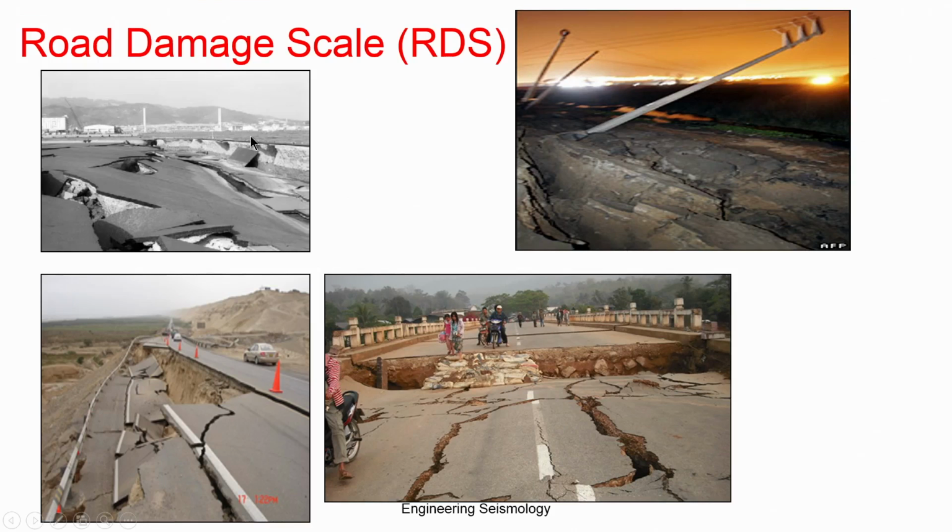When we look at those kinds of studies, very few have been done, or even the intensity scale does not describe what the road status was in a particular earthquake, how many roads failed, and why they failed. Such studies are not there. This was realized by myself and my team.